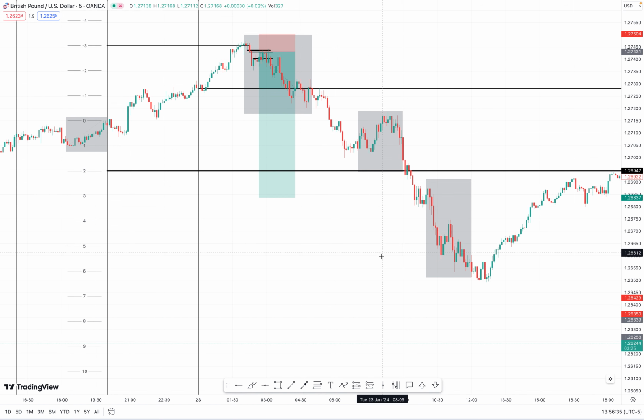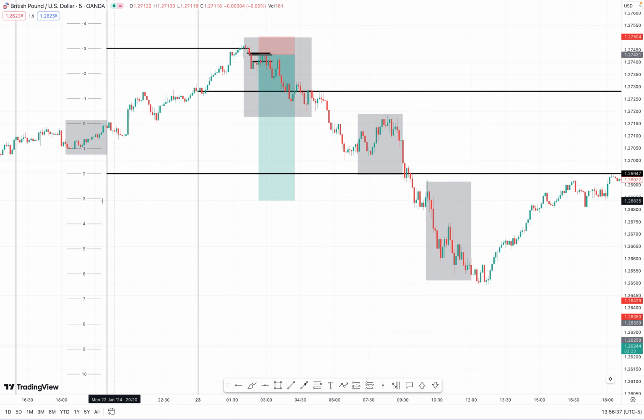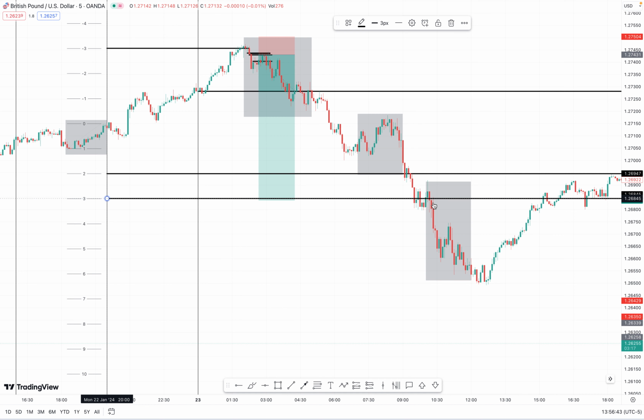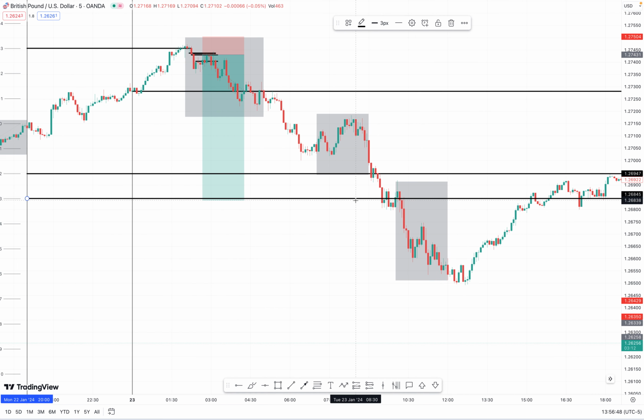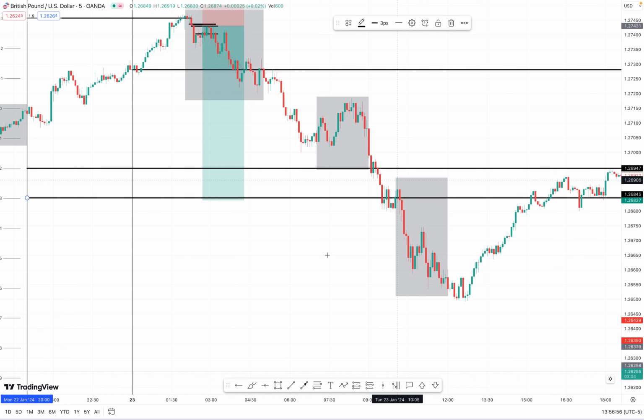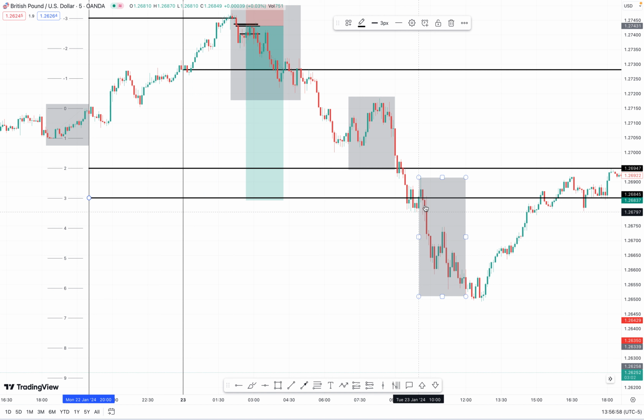Now we're looking at London close. There's the next level. Let's just mark it out to the horizontal line. That's the next level. Early on in London close. And now you need to make a decision. When it goes up like this, is it creating fair value gaps up after it hits the level?